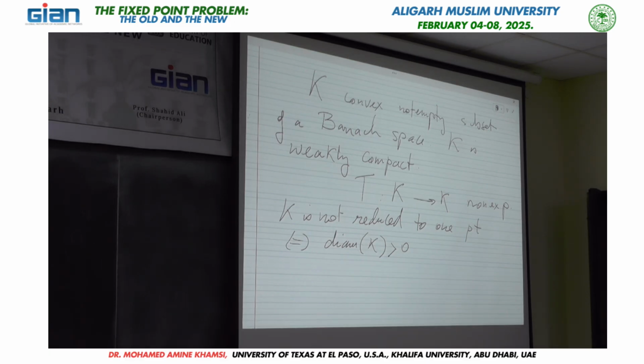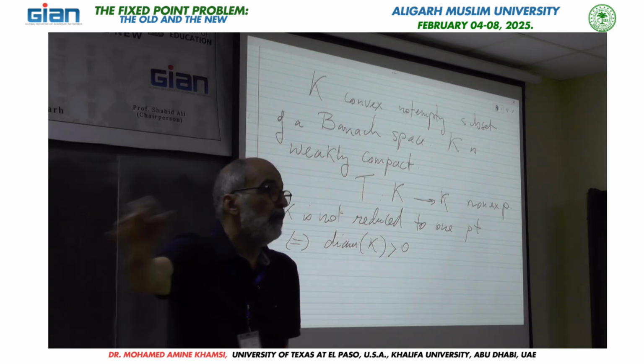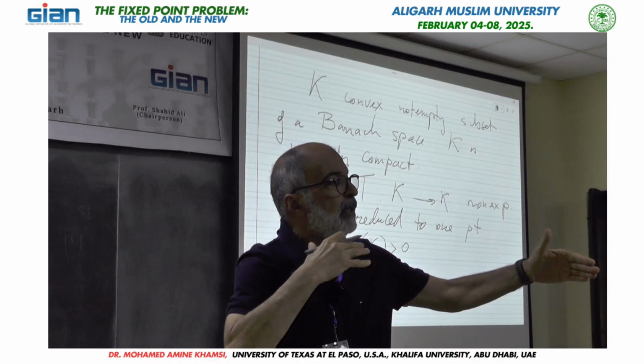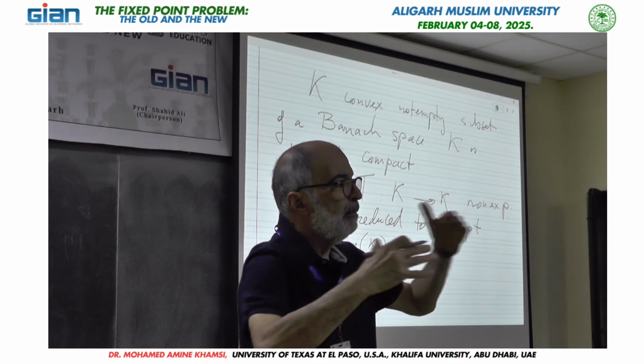So the proof should be constructive if I'm dealing only with bounded, closed, convex subsets. It has to be constructive. You cannot use Zorn, period. Which takes us to another problem altogether, which is constructive, non-constructive problems.